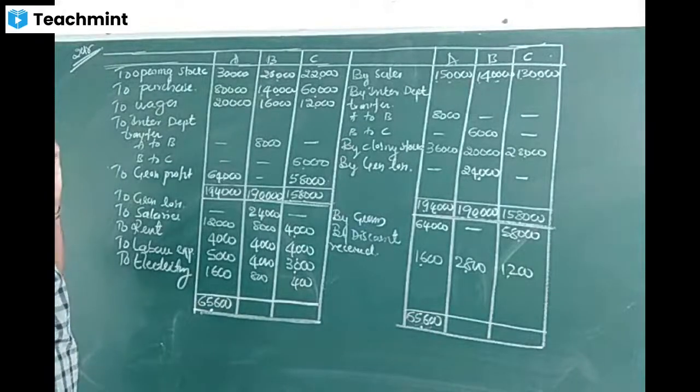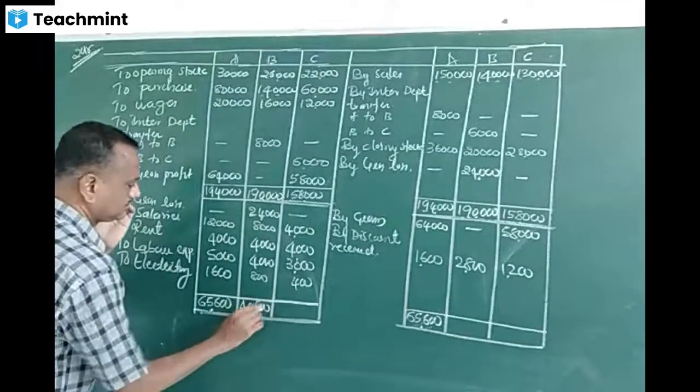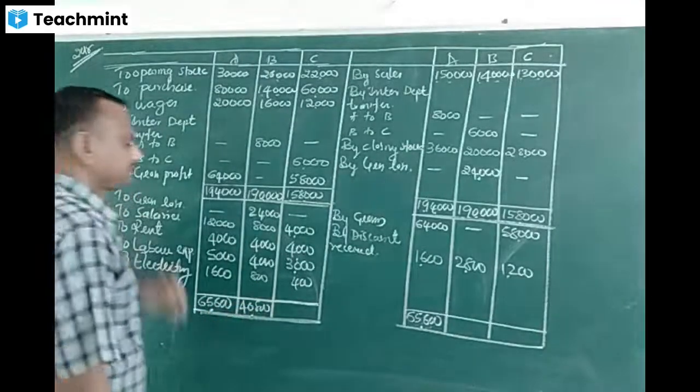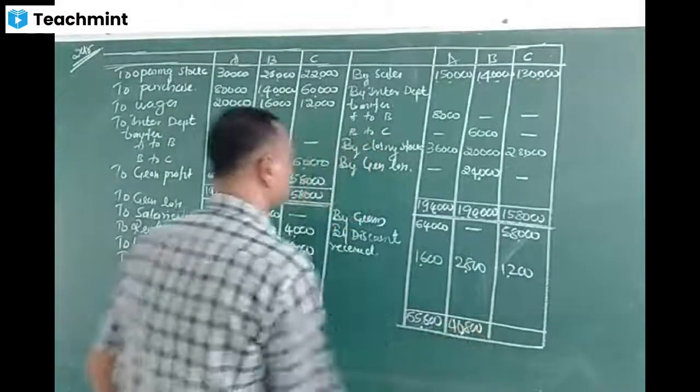B's total is 40,800. And C's total is 59,200.